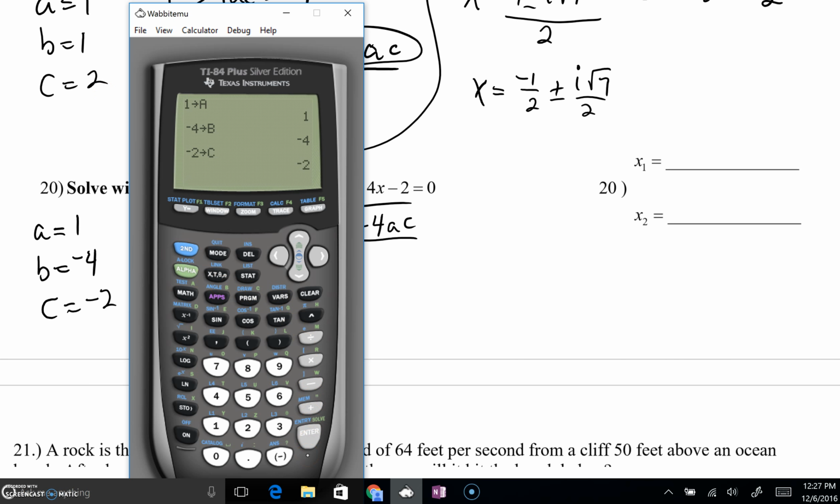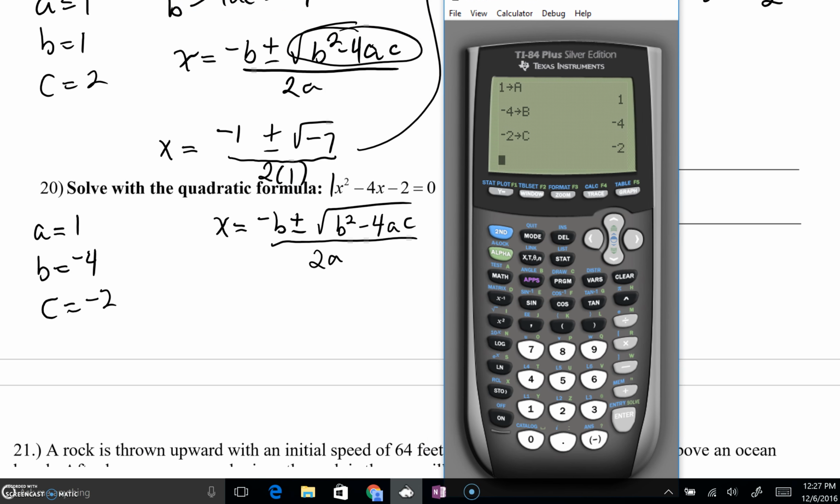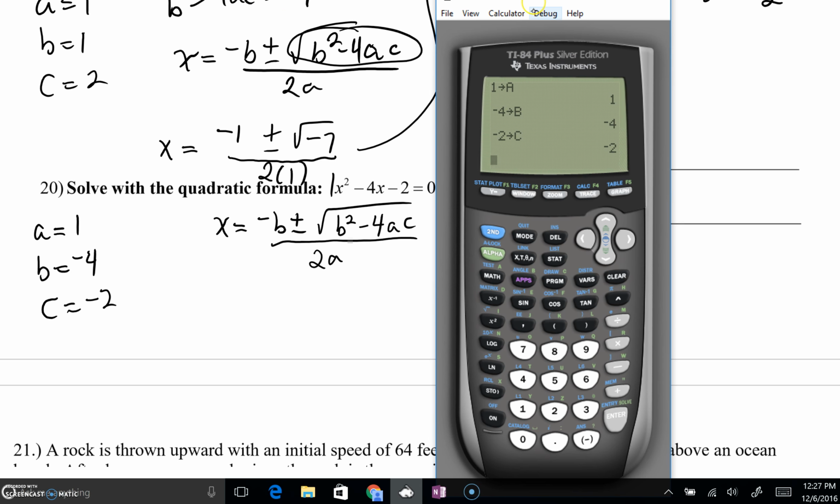Like we were mentioning before, if I just move the calculator over just a moment, you can see the inside of the radical is honestly the most complicated part of this whole formula. So we'll just type that out. B squared minus 4 alpha a alpha c. And we can see the inside of that radical will be 24.